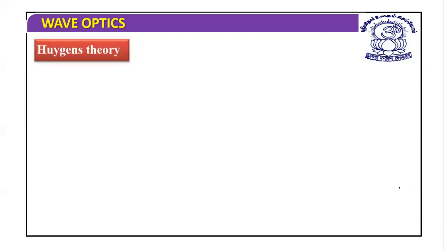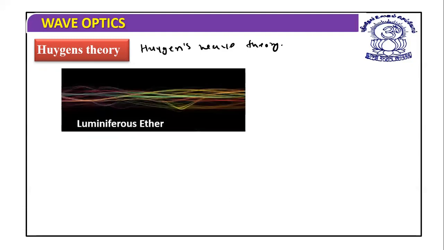The second theory is Huygens' wave theory, we can say. According to this theory, light travels in the form of waves.